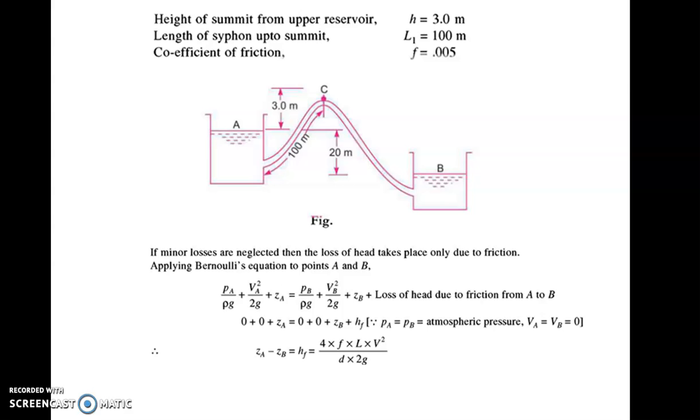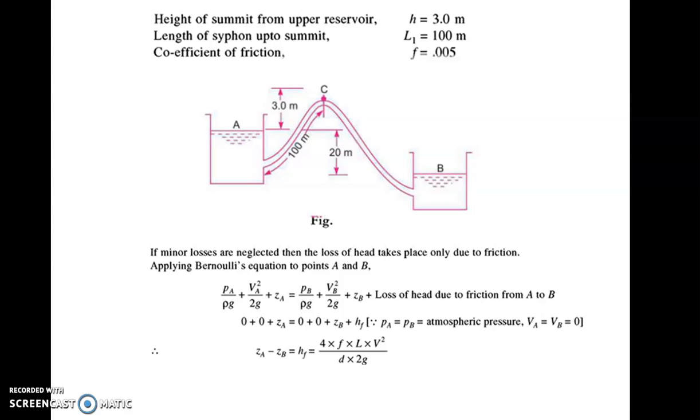Applying Bernoulli's equation to points A and B: PA by rho g plus VA square by 2g plus ZA is equal to PB by rho g plus VB square by 2g plus ZB plus loss of head due to friction from A to B. PA by rho g is atmospheric pressure, and PB by rho g is also atmospheric pressure, so both are 0.